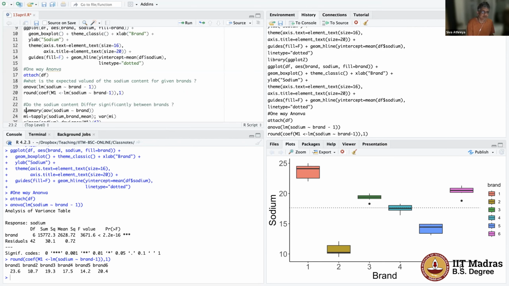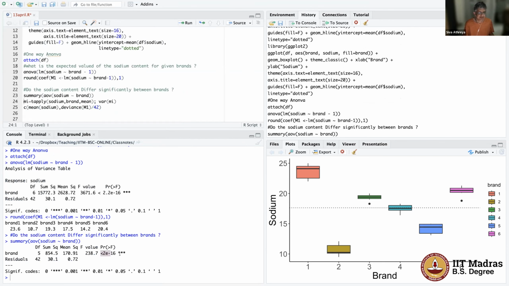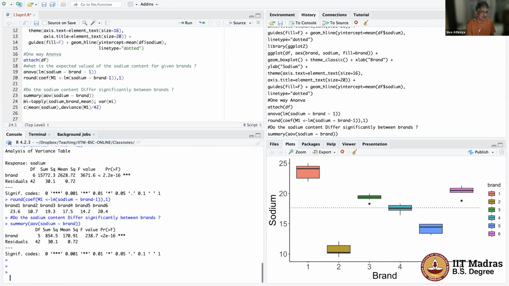I'll do a summary of that, and the same thing happens. I get the same expression. The F statistic gives you a p-value, and then of course it's the ANOVA sum of squares. The degrees of freedom is 5 because there are 6 brands, and the residual error is 42. So that's one immediately.